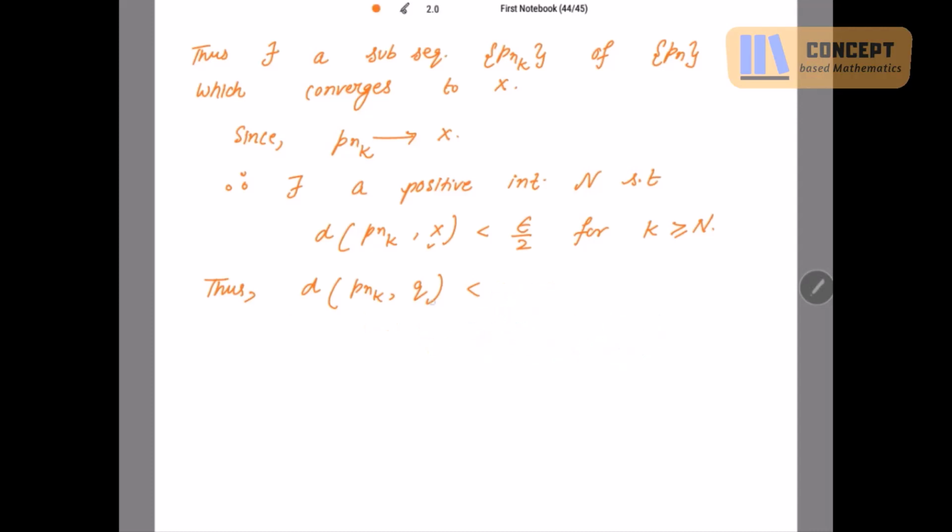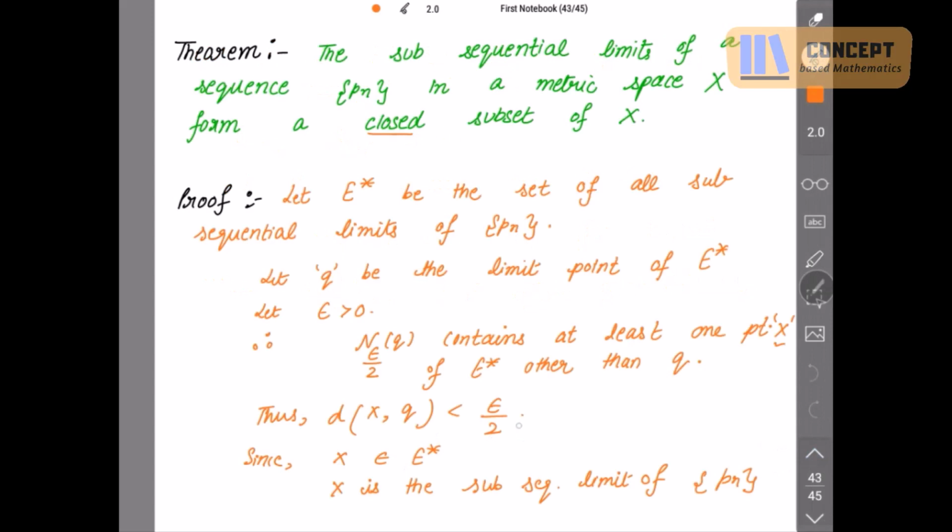Alright. So what is this distance? This is less than or equal to the distance of Pnk with x plus the distance of x with q. This is the triangle inequality, right? Now what is the distance of Pnk with x? This is less than epsilon by 2, right?